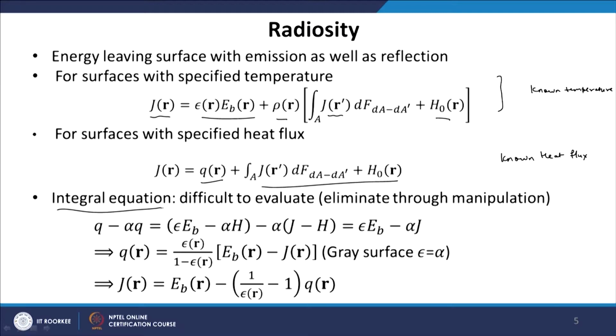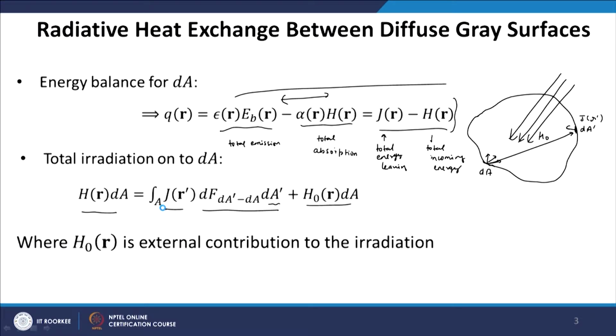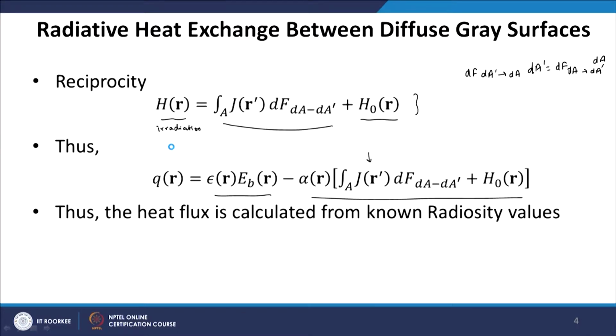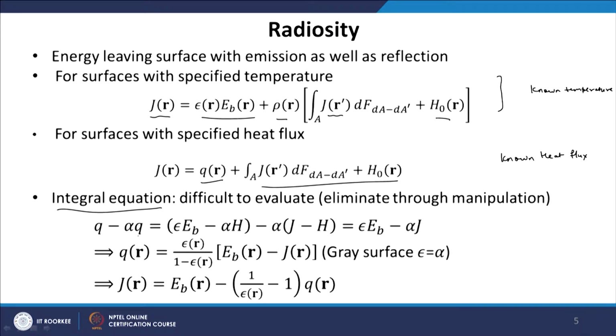So, we basically write down the expression from before. We take the same expression, Q is equal to epsilon E_b minus alpha H, okay, and subtract the heat flux again multiplied by alpha, Q minus alpha Q. Okay.